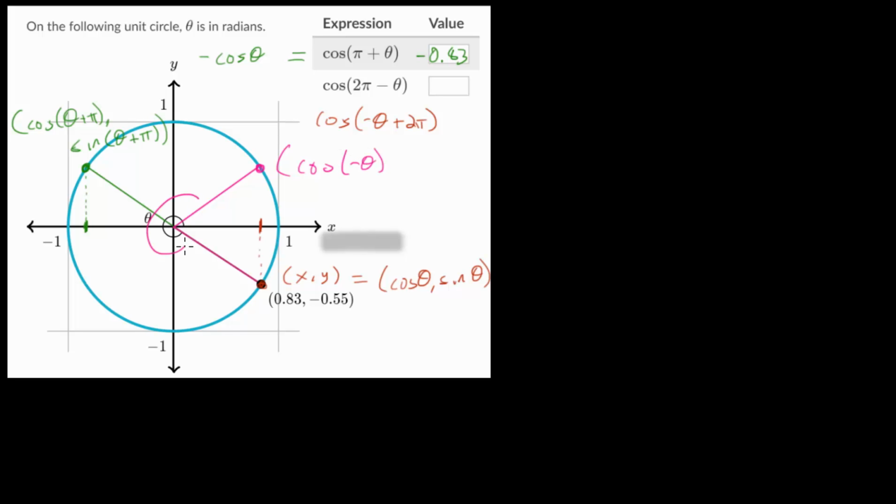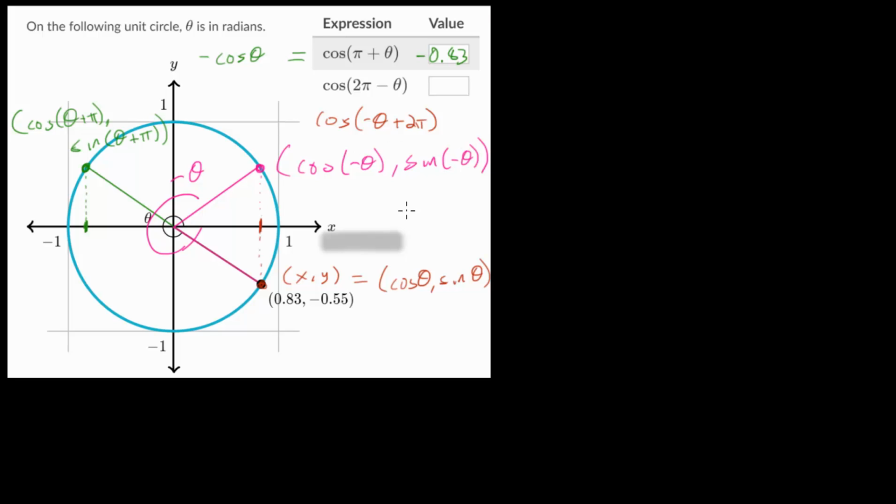This angle right here is negative theta. Excuse me, this actually goes from the positive x-axis. We're just counting in the clockwise direction. And the y value would be the sine of negative theta. And what we can see is that at negative theta, the x value would be the same as the cosine of theta.